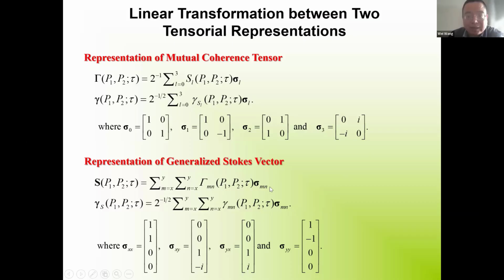Here we also have sigma mn, which is just a vector. In this way, we can also establish the linear transformation between them. From these expressions, we can understand that both the mutual coherence tensor and the generalized Stokes vector can be used to represent the polarization-related coherence phenomena.